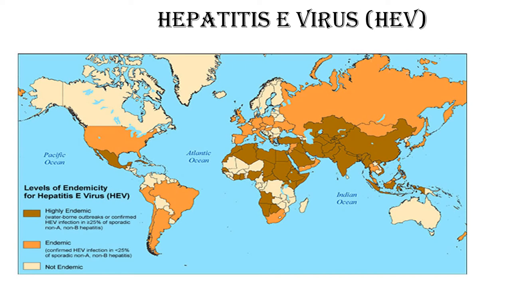Hepatitis E virus is shown here, and its endemicity is shown on this slide, where India shows high endemism as far as the hepatitis E virus is concerned, which causes waterborne outbreaks. Brown shade represents high endemism, orange shade represents endemic countries, and non-endemic countries are shown by the light color.